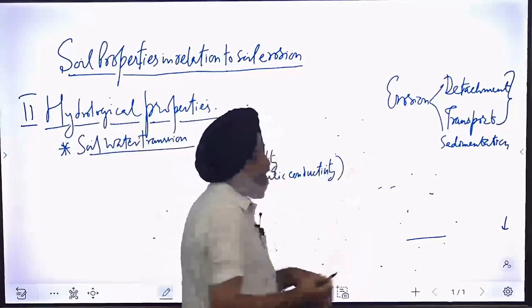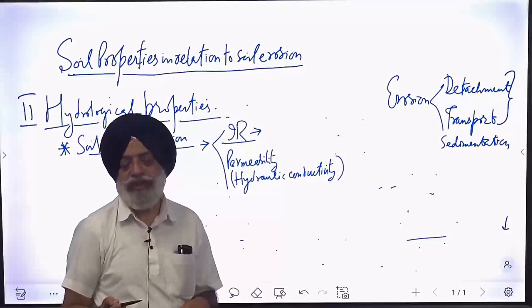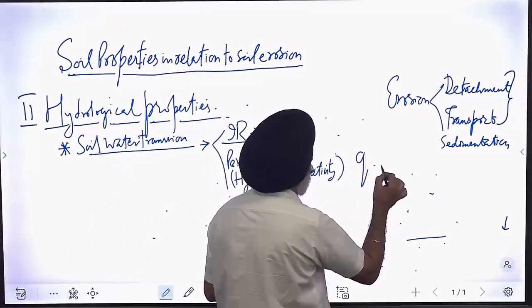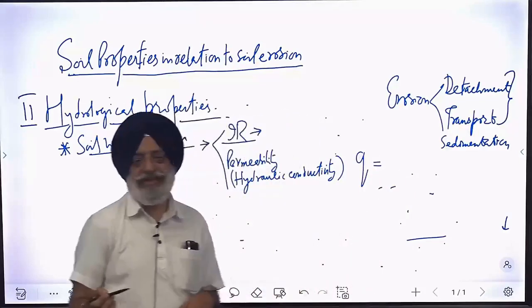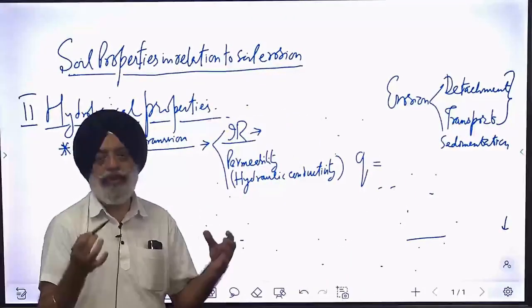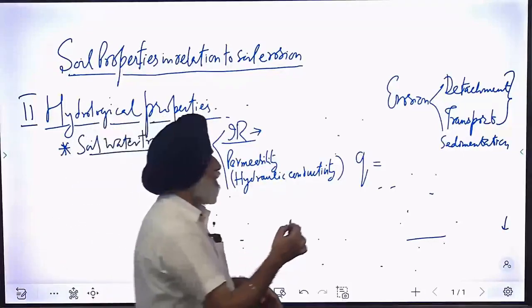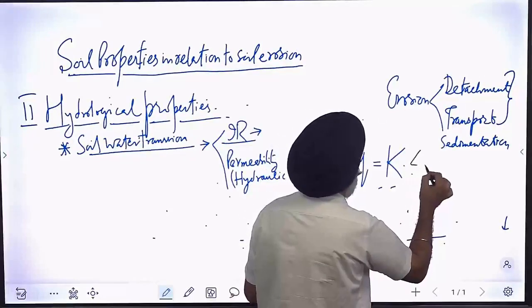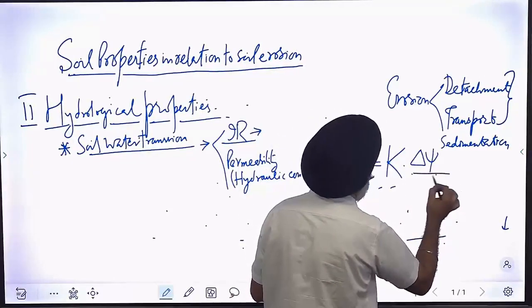If you remember in my soil water movement lecture, Darcy's law says that the flux of water, and you know flux is volume of water per unit area per unit time, is a product of hydraulic conductivity times hydraulic gradient.